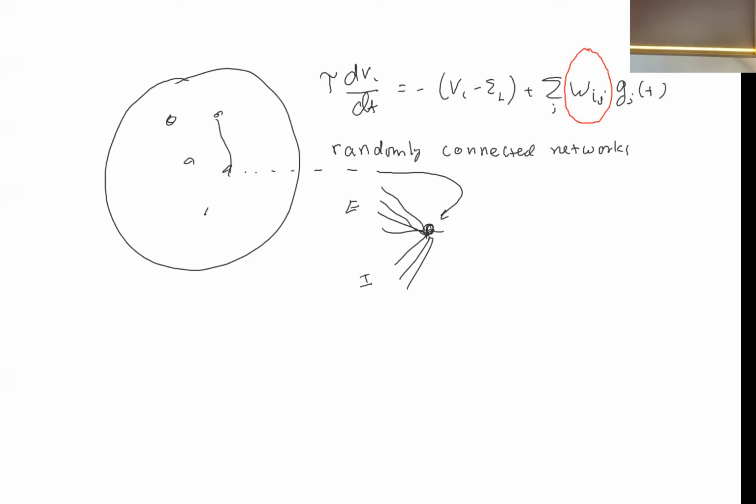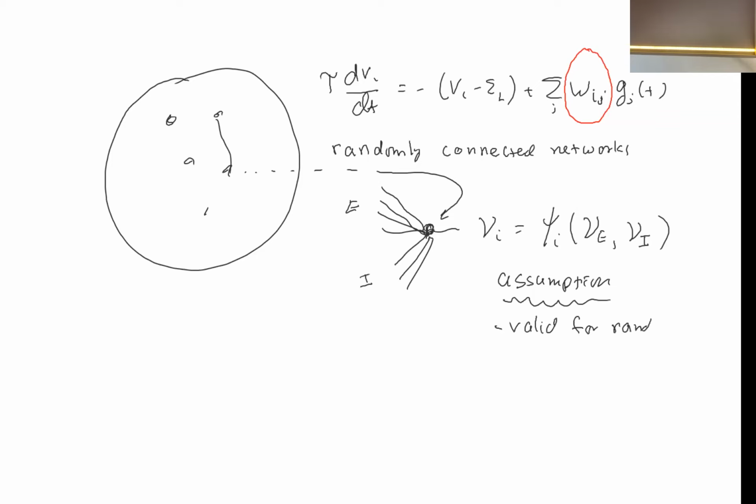The rate of this neuron, nu I, is some function of not the individual firing rates, but just the average firing rates, nu E and nu I. So this is an assumption. And in a little while, I'll tell you why it's a reasonable assumption. It's valid for random connectivity.